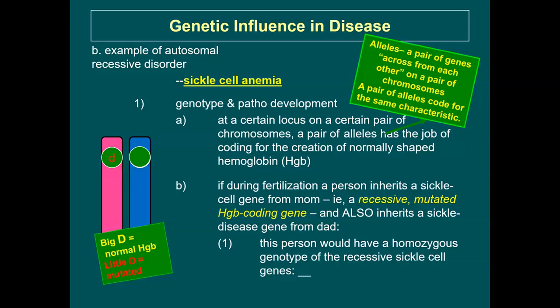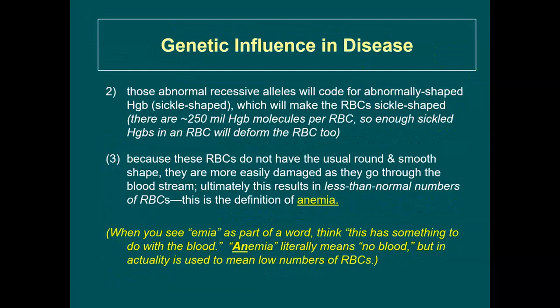From mom, we have this diseased mutated recessive gene, and from dad, we have this diseased and mutated recessive gene. If during fertilization the child inherits this recessive gene from mom and dad, then the child will be homozygous recessive. And it just so happens that these abnormal recessive alleles code for abnormally shaped hemoglobin.